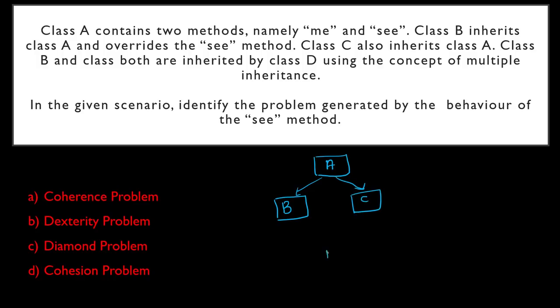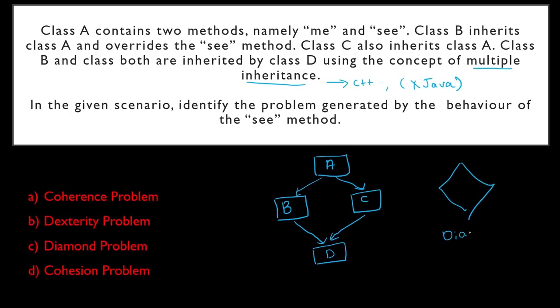Next we have class D, which is inherited from both class B and class C. This is called multiple inheritance. Multiple inheritance is available in C++, but not in Java, although Java is an object-oriented programming language. Now, what is the shape of this? This is the diamond shape. That is why this problem is called the diamond problem.